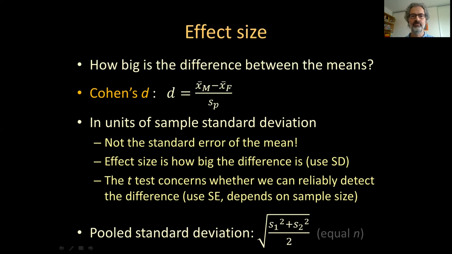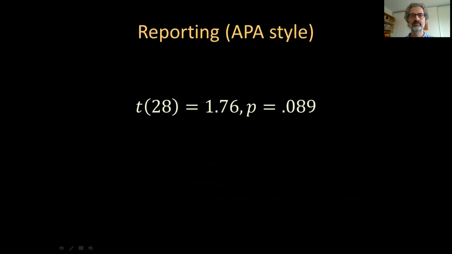And finally, to report our result, we use the same format we introduced with the one sample t-test. Note the different degrees of freedom. It's n-2 here, the t-value with 2 decimal digits, the p-value with 3 decimal digits, no leading zero, spaces around the equal sign, and italics for t and p.